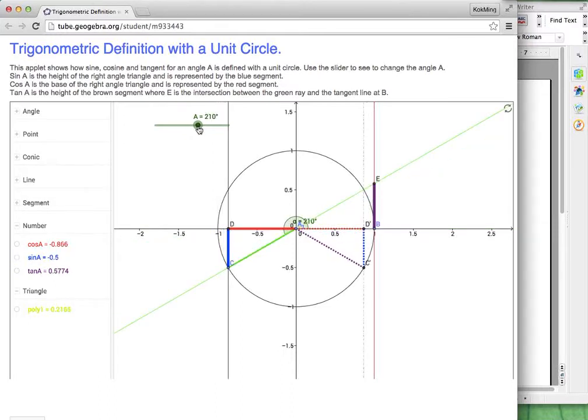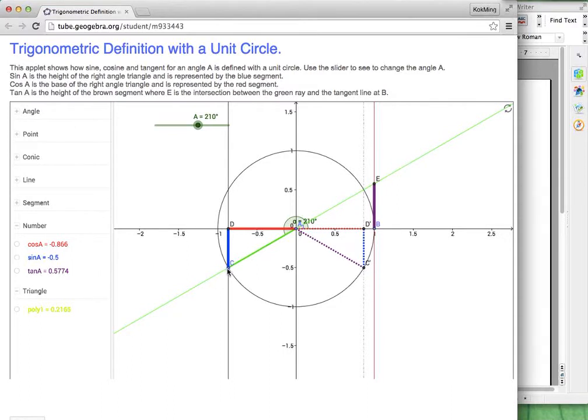If it is more than 180, for example here is 210 degrees, so this is 180 plus 30 degrees, then we get 210. Now the height here is negative because it's below the horizon, the x-axis.